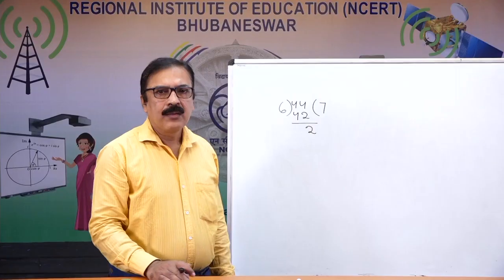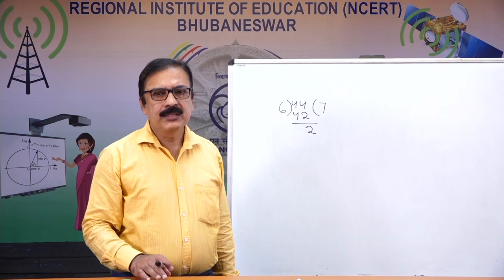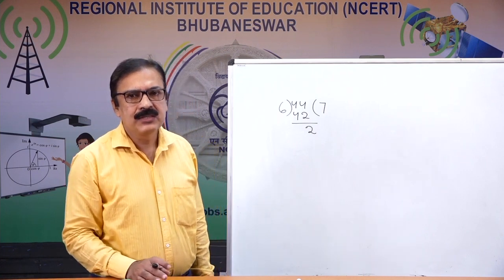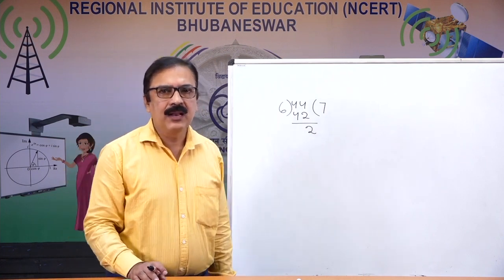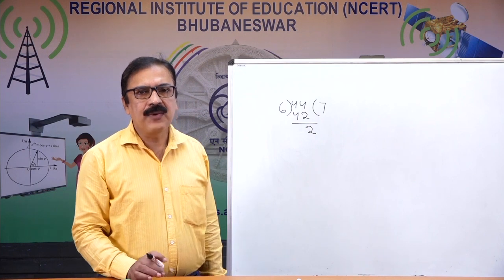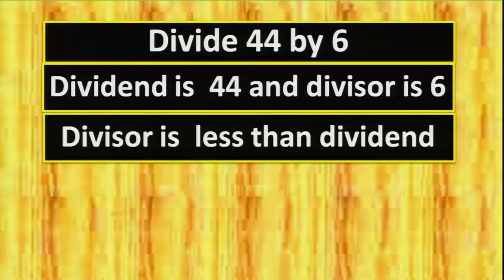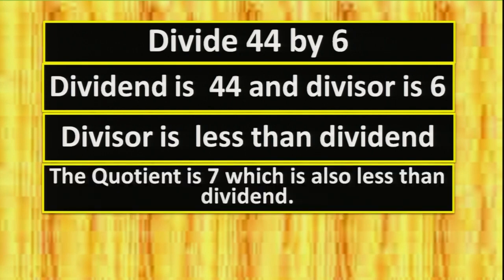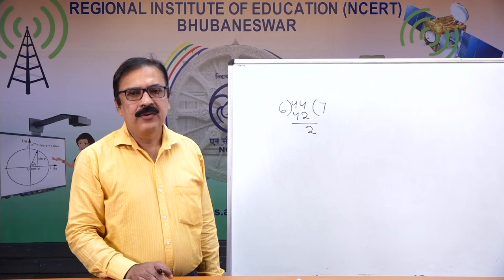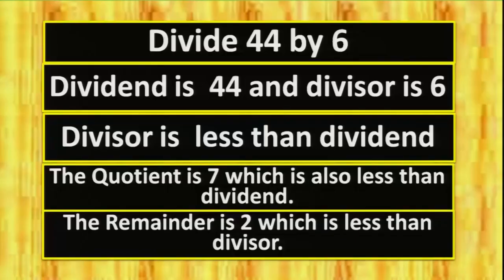Clearly 44 is more than 6, so the divisor is less than the dividend. The quotient is 7, which is again less than the dividend. The remainder is 2, which is less than the divisor.